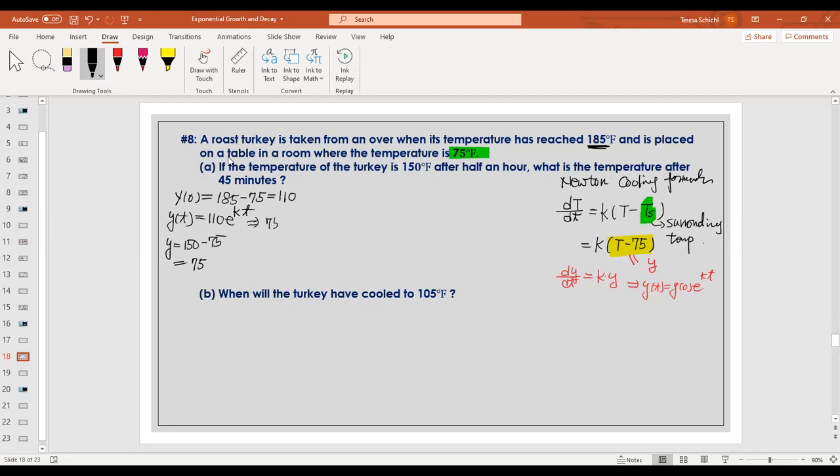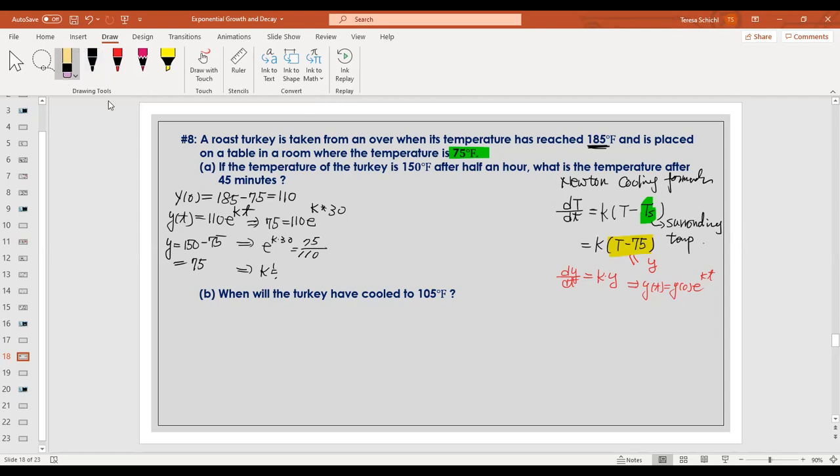So 75 is equal to 110 e^k, and what is my t here? t is 30 minutes. So I can put it in here and solve it. I will say e^(k times 30) is equal to 75 over 110. And then you can solve for k. You take the natural log of both sides, so you can solve for k here.